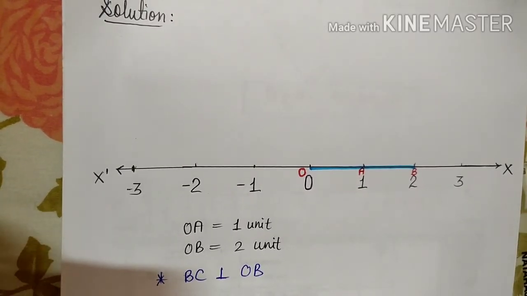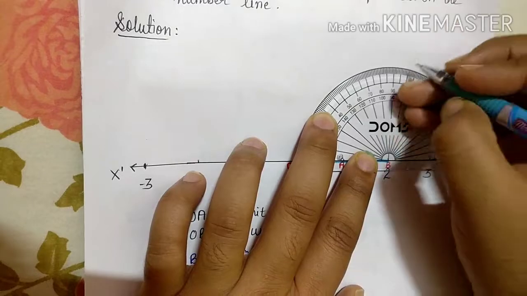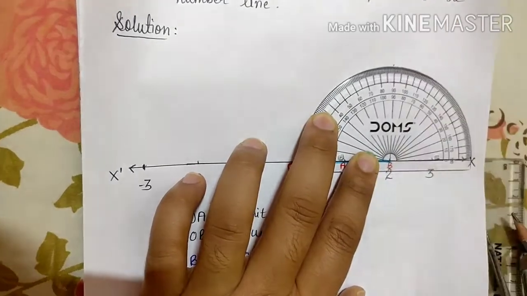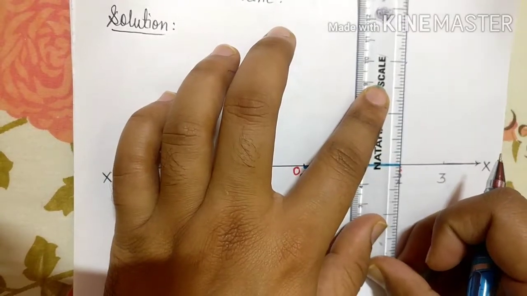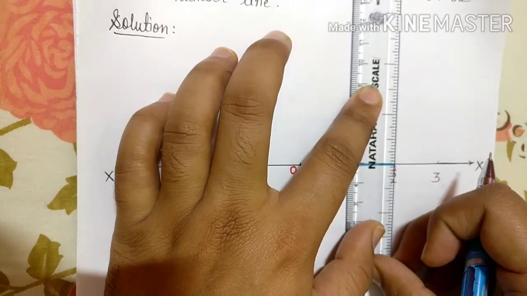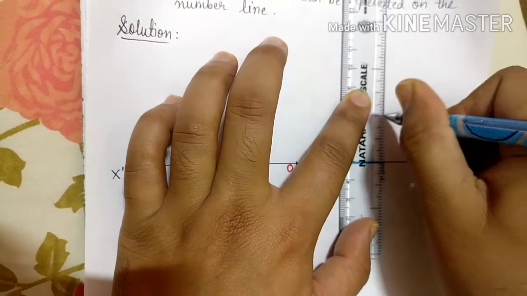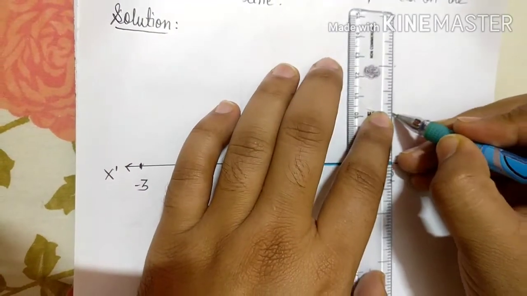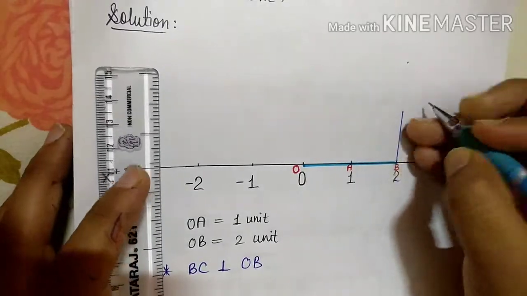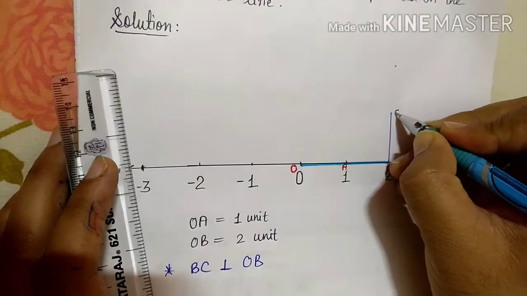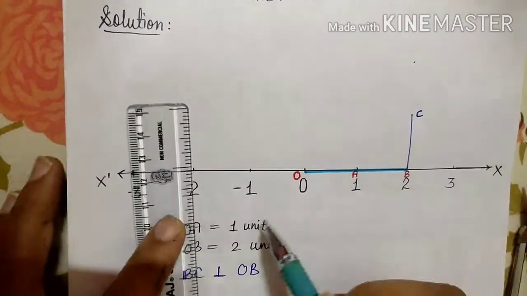I can use my protractor. I put a point here, then with the help of a scale, I take 1 inch here. I will join this point to D. Now this point is point C.